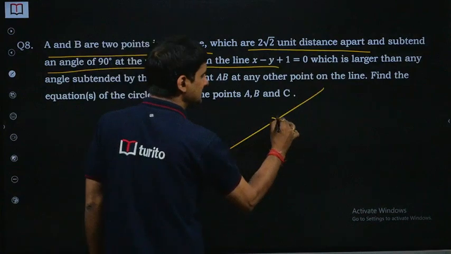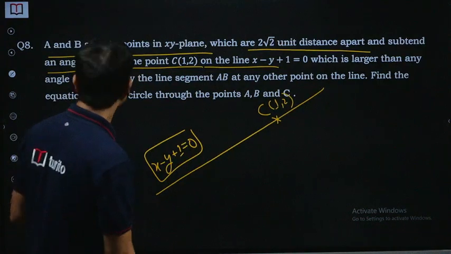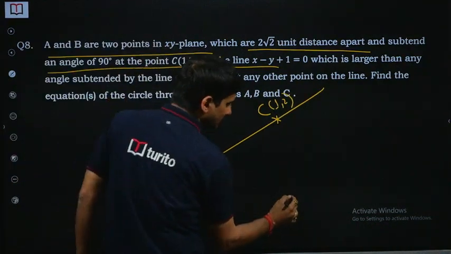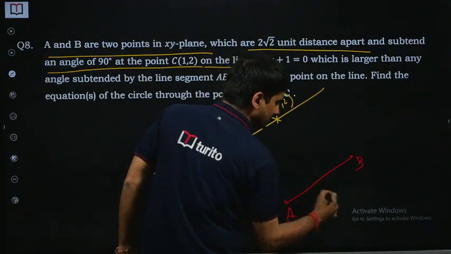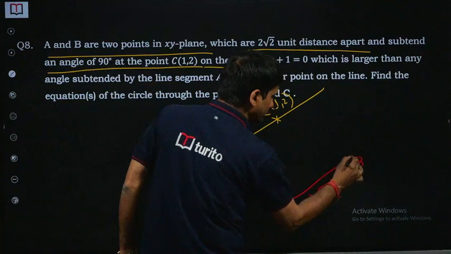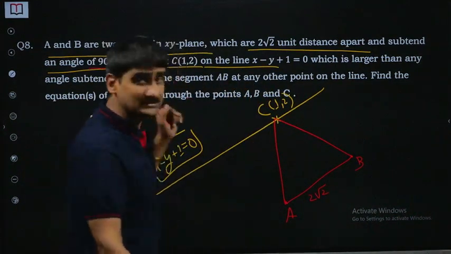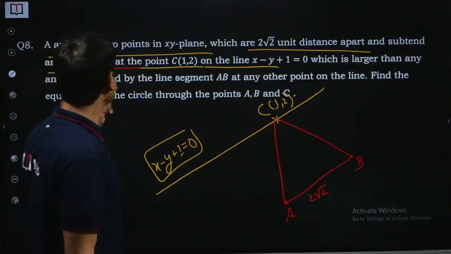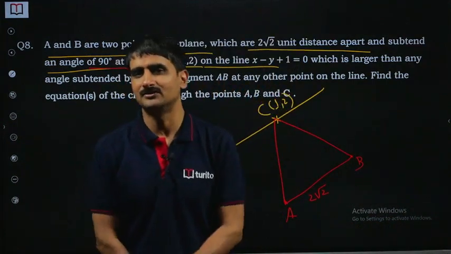There's a point C here, (1, 2), and there's a segment somewhere, AB. That's a fixed segment of length 2 root 2, and it subtends a right angle of 90 degrees, which is larger than any angle subtended by the segment AB at any other point of the line.